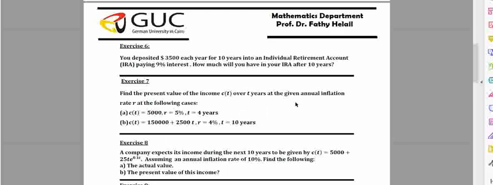So we are given here the term as 10 years, and then we have the deposit amount, which is the income function, constant, 3,500, and the interest rate is 0.09. So we directly substitute again, and we can evaluate the formula.